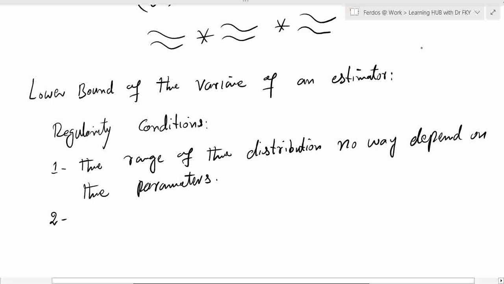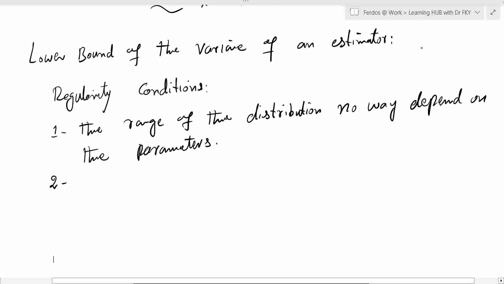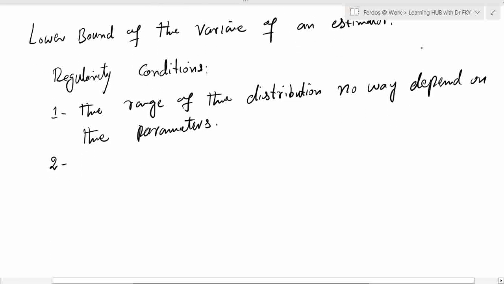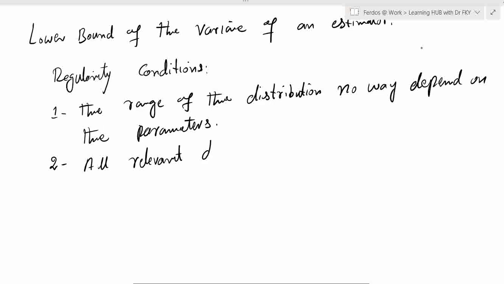Number two, all relevant derivatives of the likelihood or log likelihood exist.